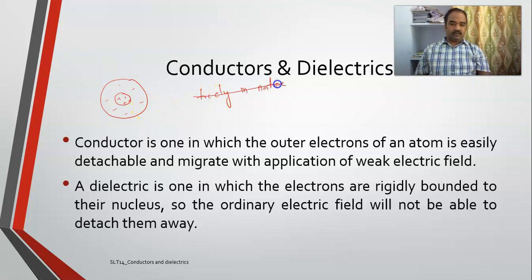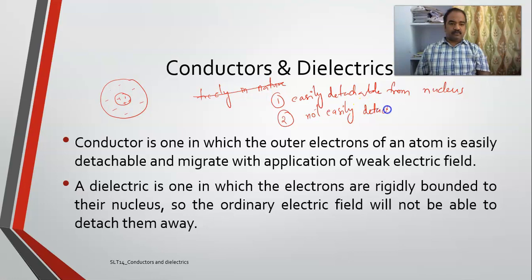So for easy understanding, I'll write them as easily detachable from the nucleus. Or you may find some materials where the electrons are not that easily detachable from the nucleus. What method you employ for detaching these electrons depends upon the circumstance.